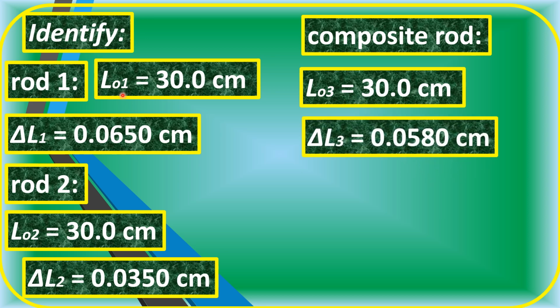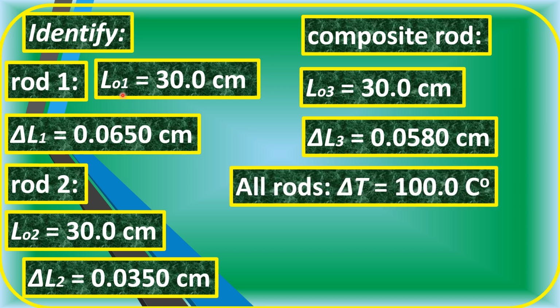When heated by the same change in temperature delta T, the change in temperature is 100.0 Celsius degrees. This composite rod had elongation delta L sub 3 equal to 0.0580 centimeters.